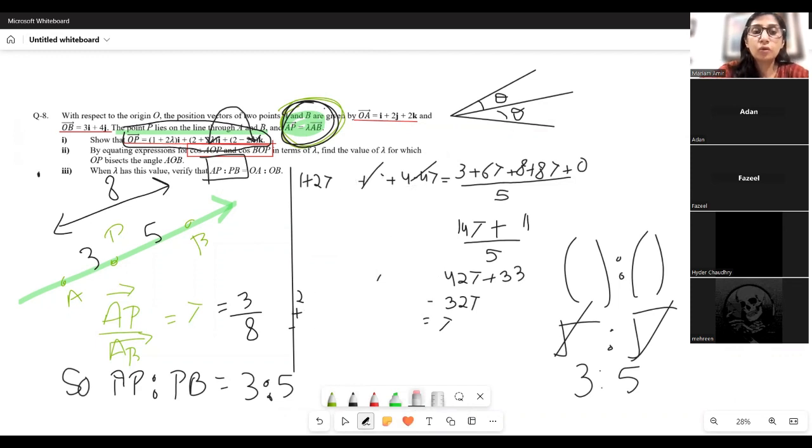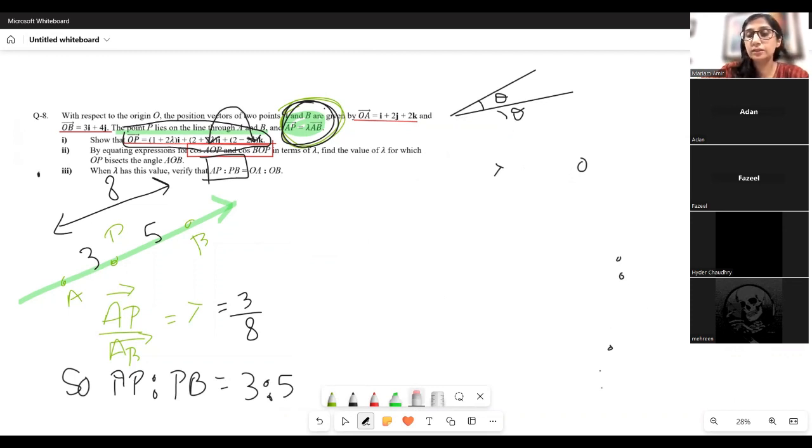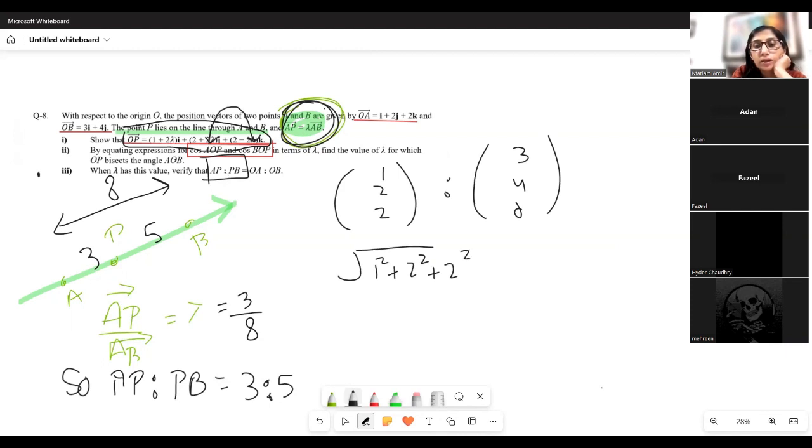Now we have to show that OA ratio OB is also 3:5. So for ratios, you can find the magnitudes of the column vectors. So OA is 1, 2, 2, ratio OB is 3, 4, 0. So I'm going to take the magnitudes: square root of 1 square plus 2 square plus 2 square, ratio square root of 3 square plus 4 square.